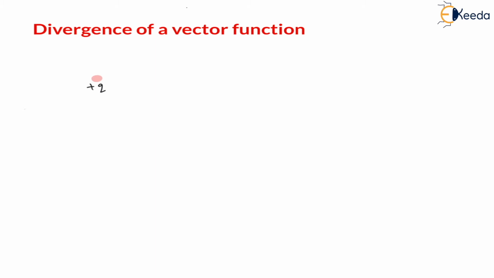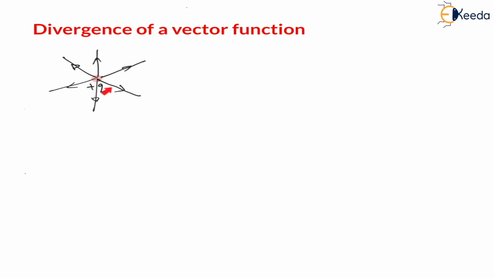Now, my dear students, this charge is a source of field. Therefore, if I define divergence here, for a single charge, the divergence of the electric field is always zero. See what I am saying: the charge will give the field in this direction. Likewise, in all possible spherical directions, there will be a field.